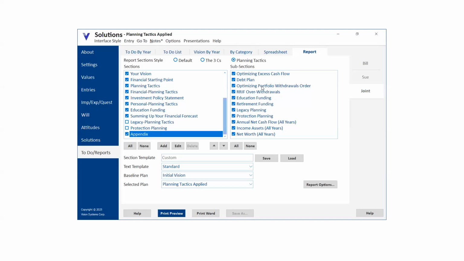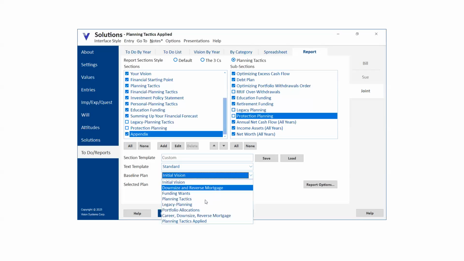What about optimizing portfolio withdrawals? So I'm going to deselect the RIF over withdrawals, the legacy planning, protection planning. I'll leave the annual net cash flow. And then the last thing I'm going to do is, of course, I want to do a comparison. So I'm going to compare planning tactics, no tactics applied, with our planning tactics applied solution.